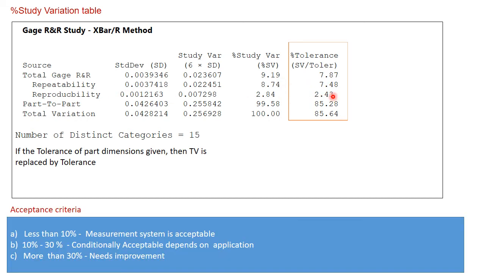Now, what is the acceptance criteria? If the total gauge R&R is less than 10%, the measurement system is acceptable. You can see that in both cases it is less than 10%. Between 10 to 30%, it is conditionally acceptable depending on the application, and at more than 30%, the measurement system needs improvement. Next, we will look into number of distinct categories.